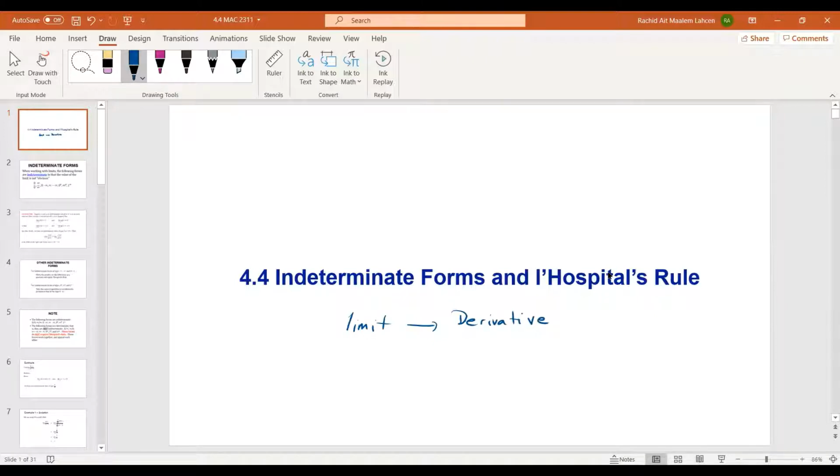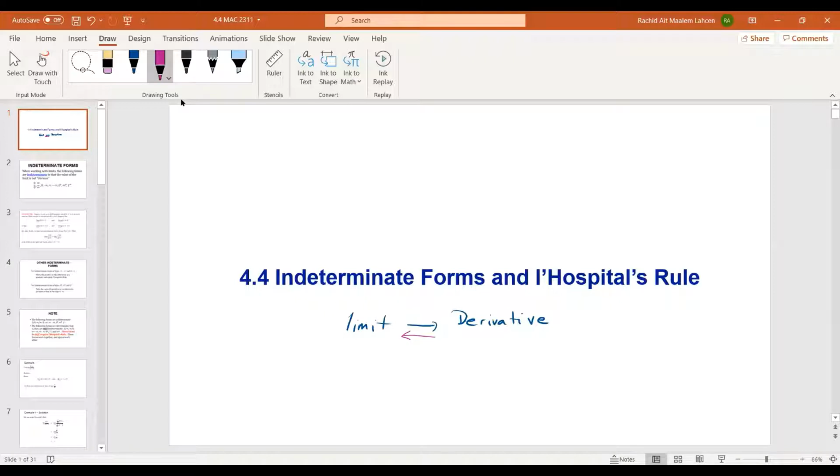So now what we are going to do is the derivative is going to help us find the limits, right? So that's very useful, and I've seen students use this even earlier in early stage.